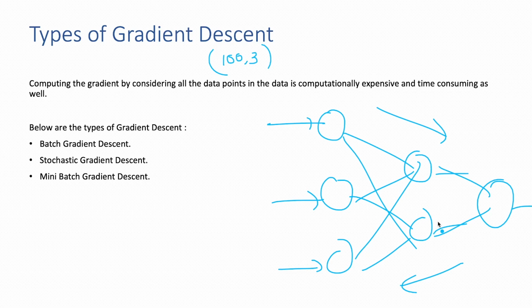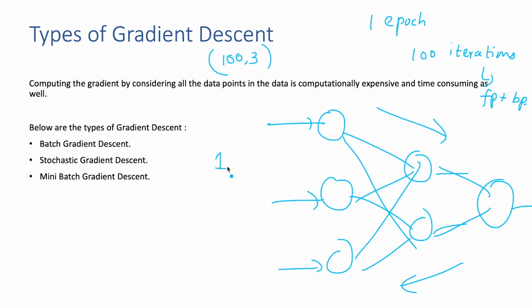So in order to show your complete sample set to your network, you need to complete 100 iterations. Each iteration is a combination of a forward pass and a backward pass, essentially your weight and bias update. In every iteration, your weights and biases are updated by computing the gradients. The gradients are computed based on only one single observation that you are showing to the network. So whatever gradients you are computing rely only on one single data point.